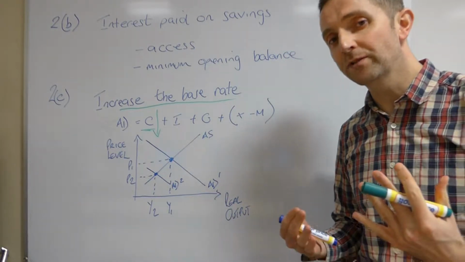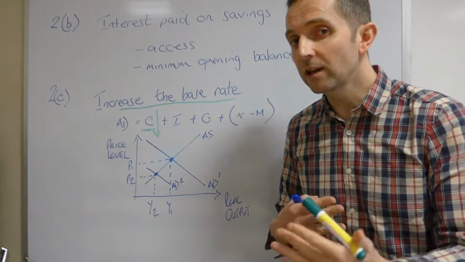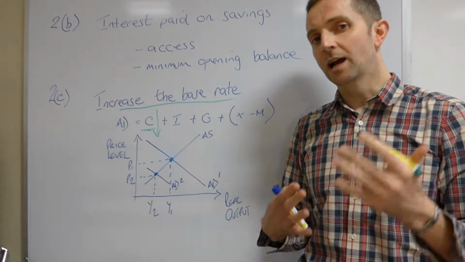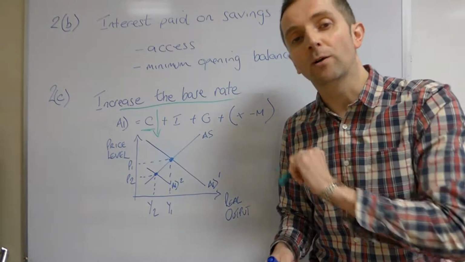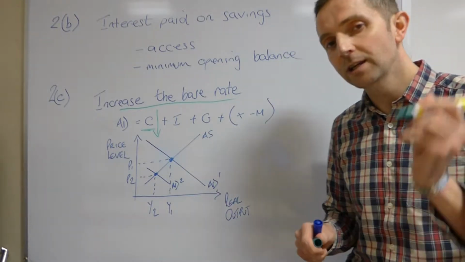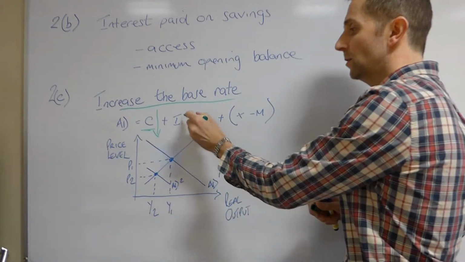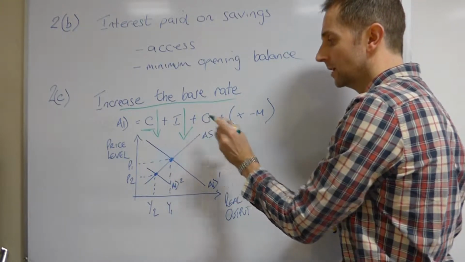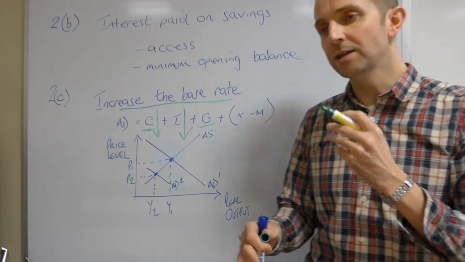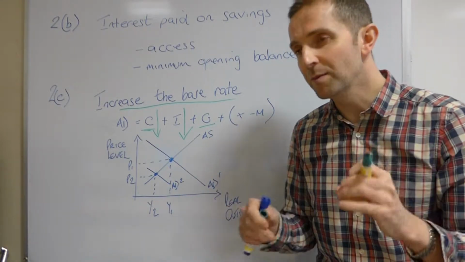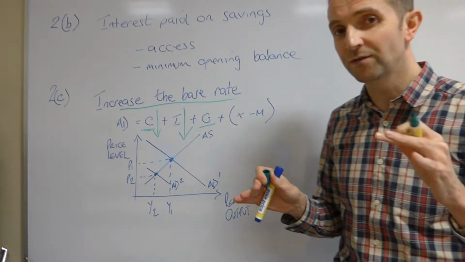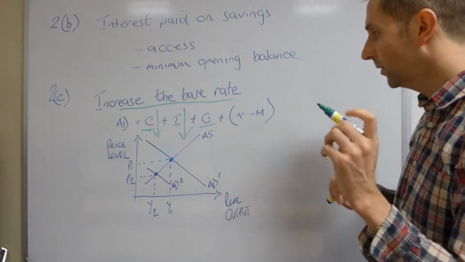Well, if the base rate of interest goes up, more than likely loan repayments and interest rates on loans will go up. Therefore, firms are less likely to take on the investment. So investment will fall. G, as you know, is government spending, which is set out in government policy, and governments tend to stick to that regardless of interest rates, so we can ignore that one.